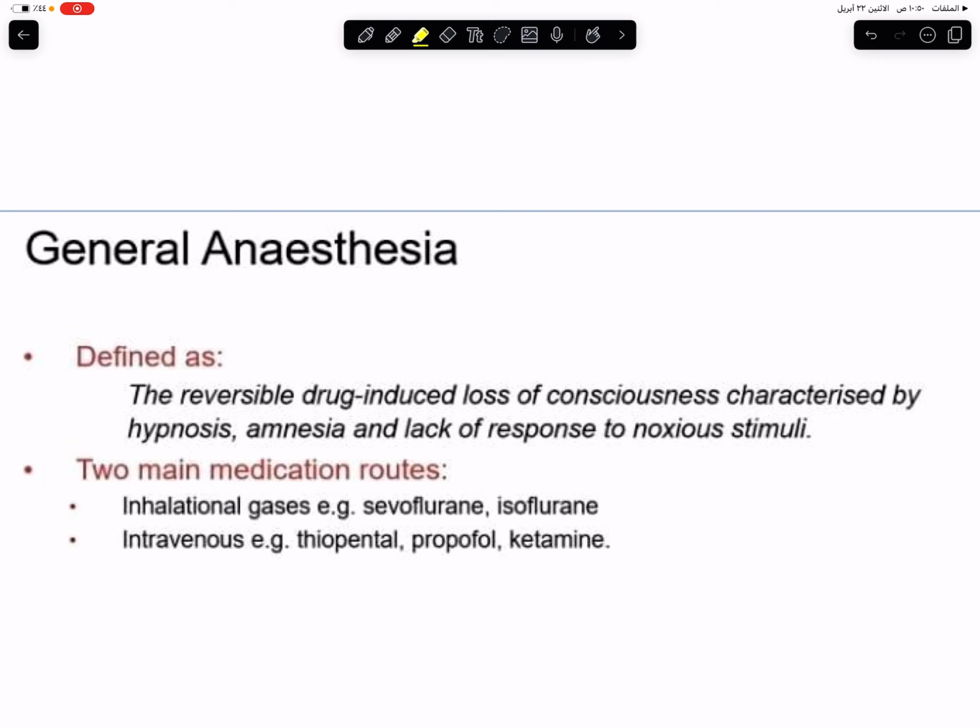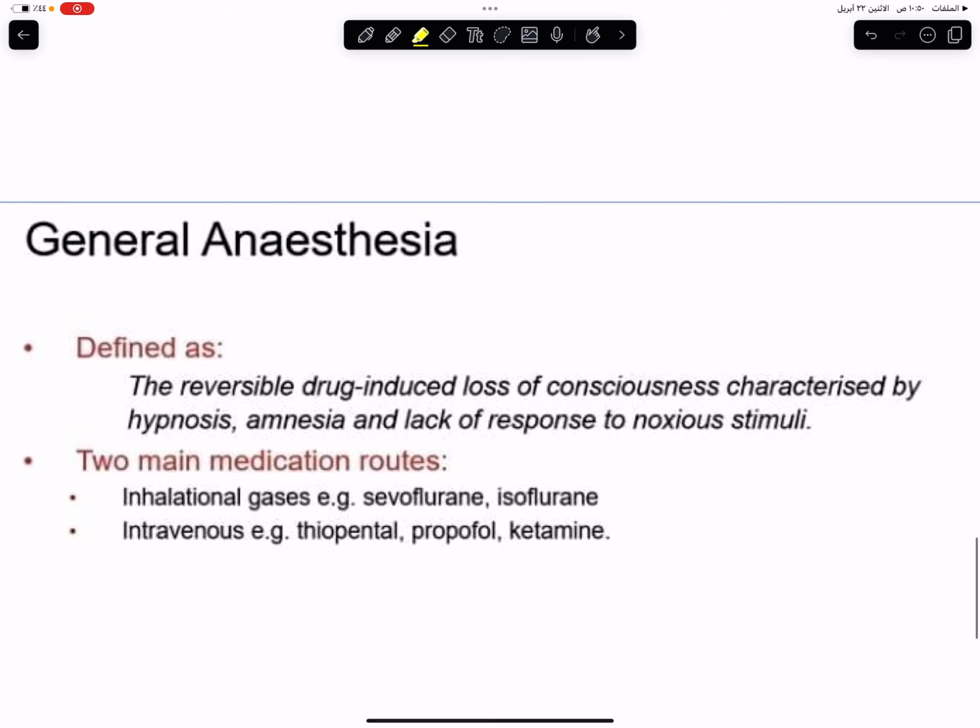Why? Because the side effects are always there, and most of the dental problems can be managed or even postponed, unless like in accidents you don't have any other option, then you need to repair it immediately. Otherwise, if it is a general dental problem, we can postpone.